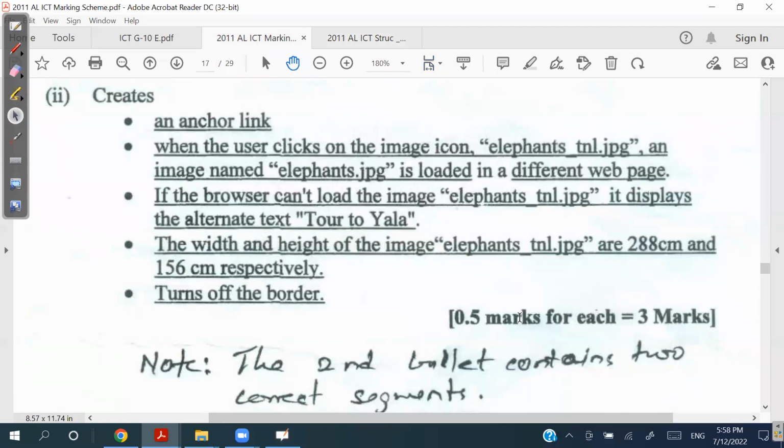When the user clicks on the image icon, from that the marker will understand, okay, this one knows what happens when an image is put inside and in between anchor tags, right? And it should be like this. Whenever the user clicks on the image icon elephants_tnl.jpg, elephants.jpg is loaded in a different web page.